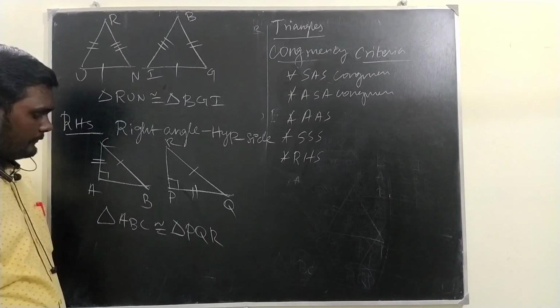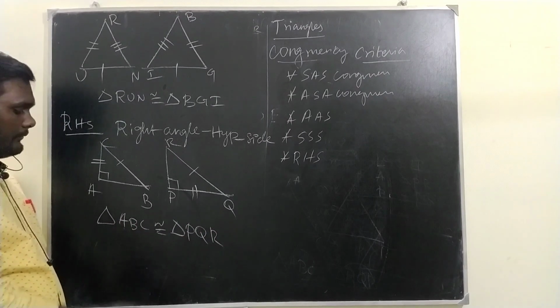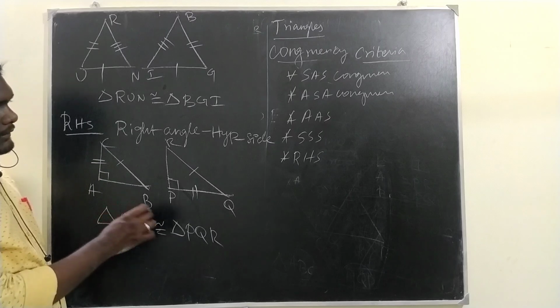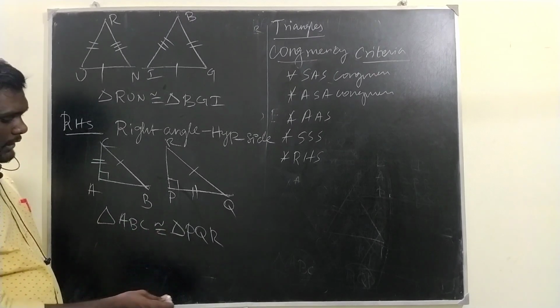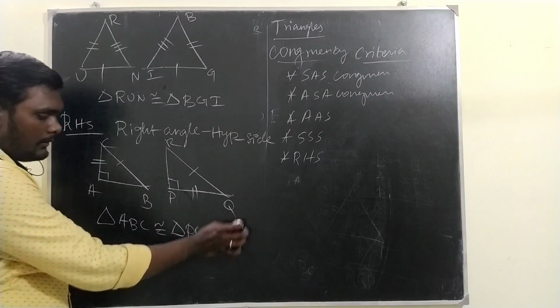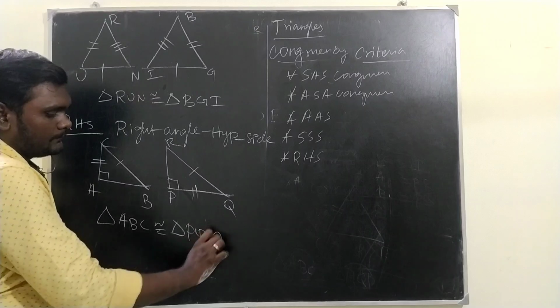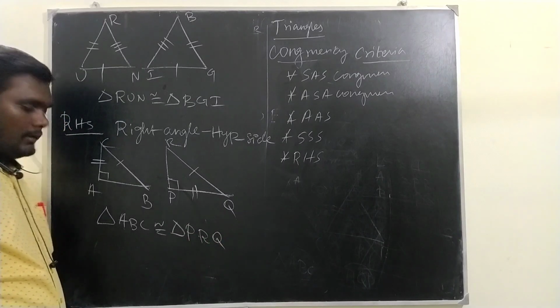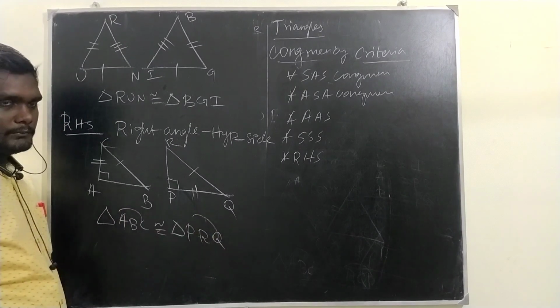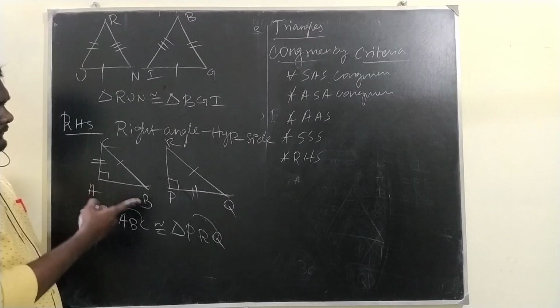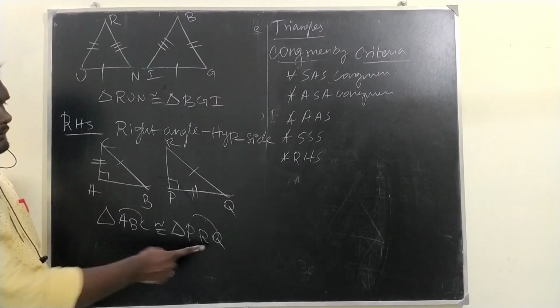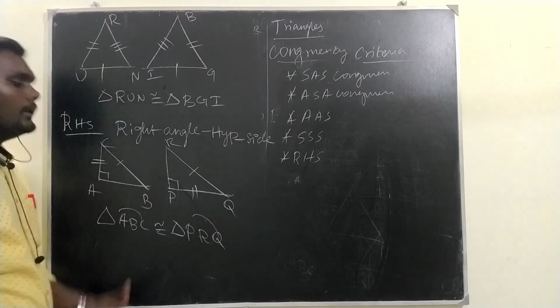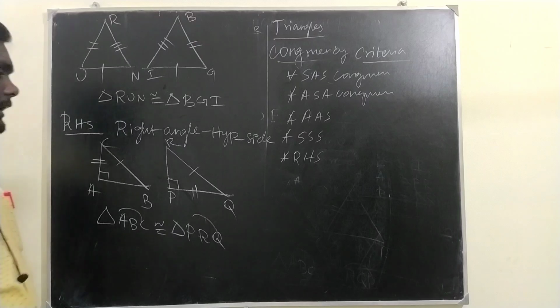Like A is equal to P, and then AC is equal to PQ, it should come. And then the other one, BC is equal to RQ. Yes, it does work. So these two triangles are congruent by RHS congruence.